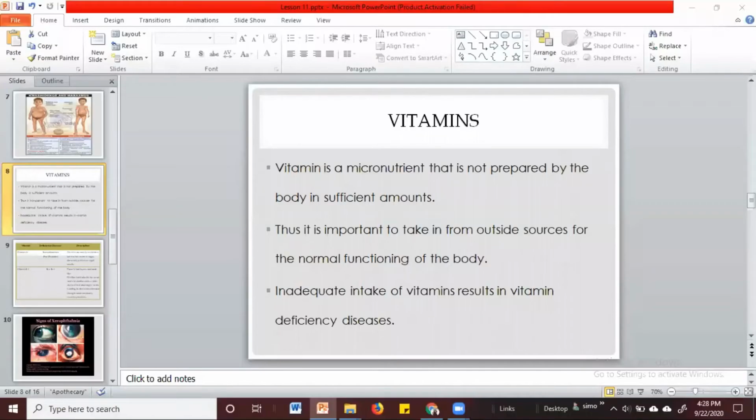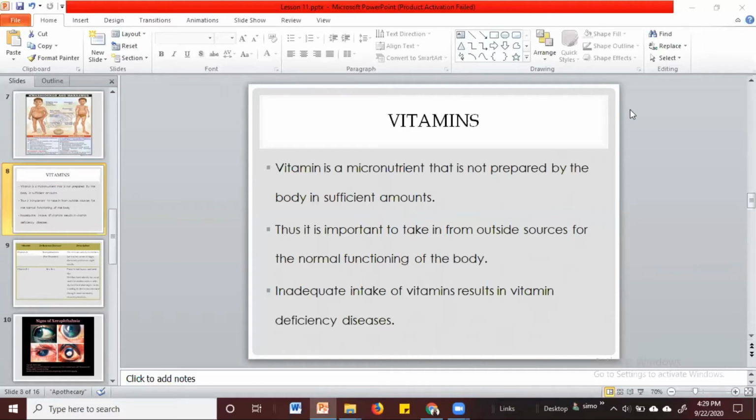Now, we know that a vitamin is a micronutrient that cannot be prepared by our bodies in the required amounts that we need. Because of that, it is important that we consume certain foods that are very rich in vitamins, because vitamins are essential for the normal functioning of our body.